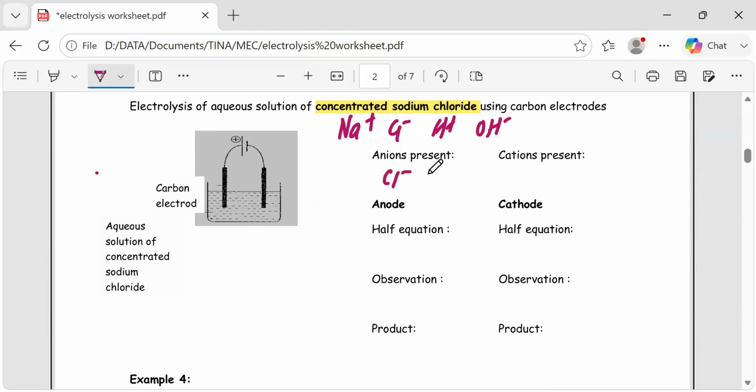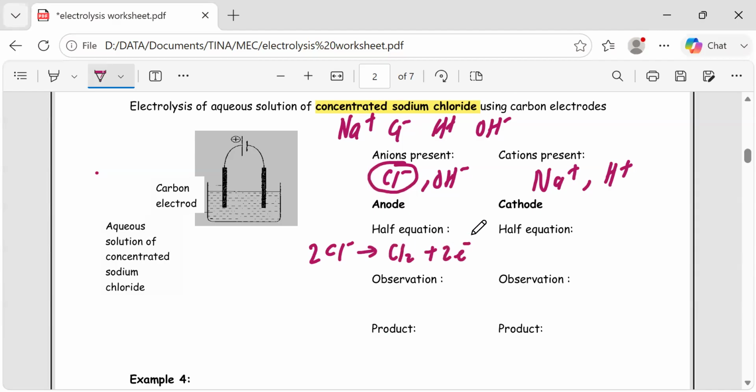So anions will be chloride, hydroxide. Cations will be sodium, hydrogen. So remember, when it's concentrated, we choose chloride. Concentrated, choose chloride, bromide, iodide. So observation will also be bubbling.